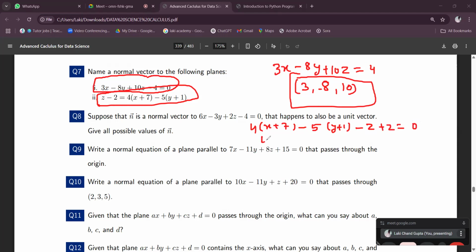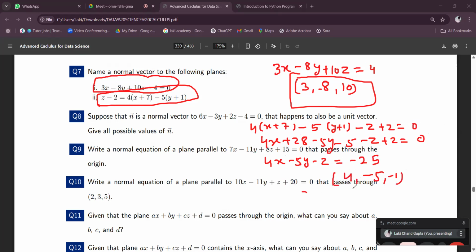Understood? So open the bracket. 4x minus y minus z. 28 minus 5, 23, 25. So this is what? 4 minus 5 minus 7. Okay?